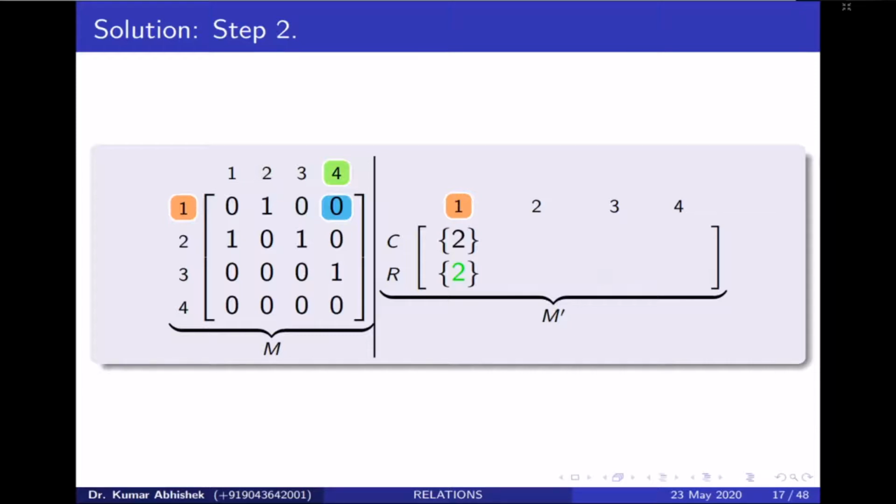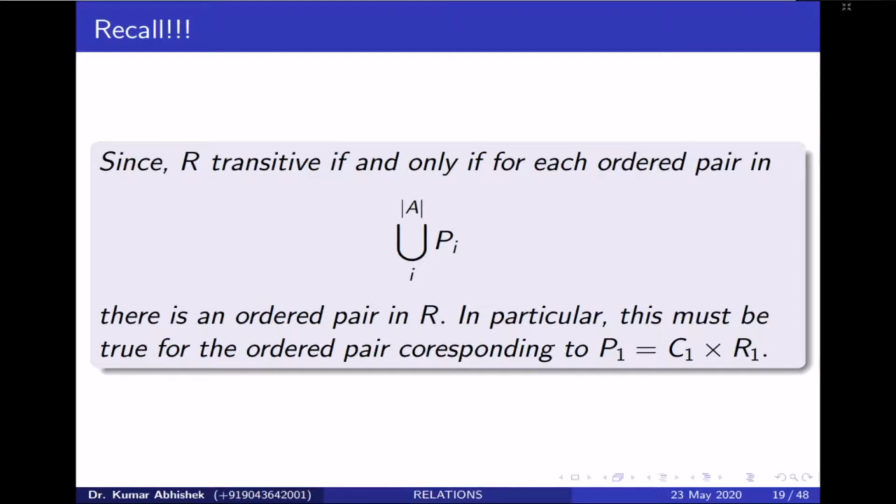So why are we doing it? We are doing it for a very simple reason. R is transitive if and only if for each ordered pair in the union of Pi, there is an ordered pair in R. So in particular, this must be true for the ordered pair corresponding to P1 as well.